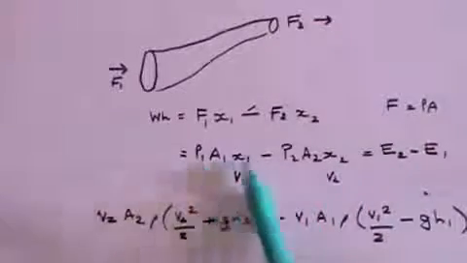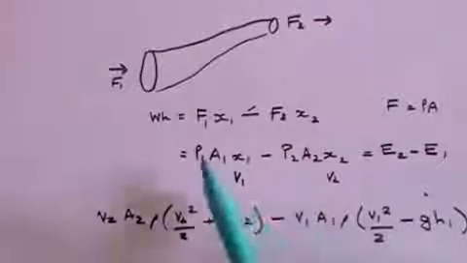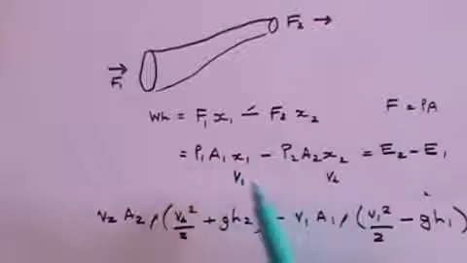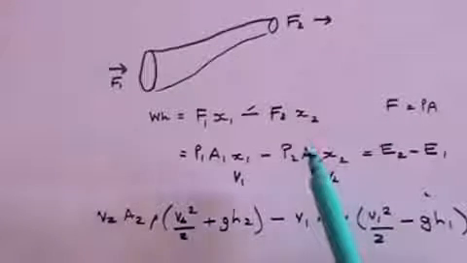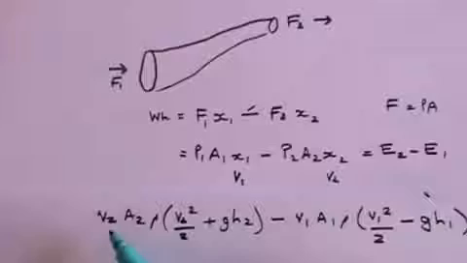And that is equal to that. Now if we rearrange this equation to bring P1 A1 X1 plus that term equals P2 A2 X2 plus that term.